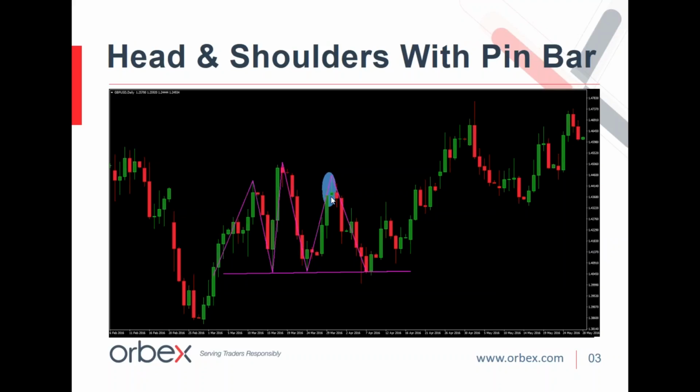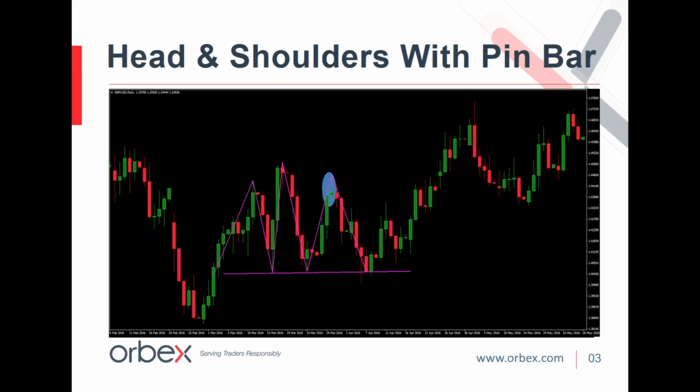So again, I'm looking to identify a bearish pin bar at the site of where the right shoulder should be, and then I'm looking to trade to the short side. And the beauty with entering at this point, okay, really is the fact that when we usually enter on a break of the neckline and our stop has to go above the right shoulder, depending on the size of the pattern, our stop can be quite significant.